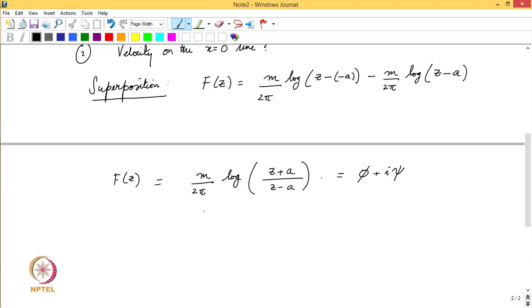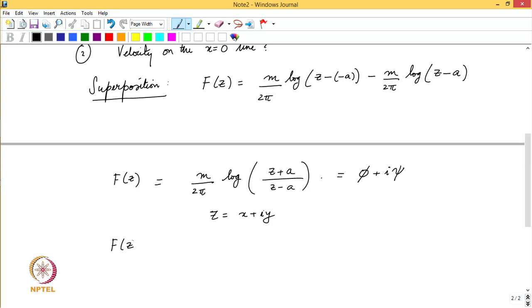Now, let me talk about that technique. So, what I will do is I will again work in Cartesian coordinates, I will again write z to be x plus i y, and then try and somehow split out the real and imaginary parts of f of z.